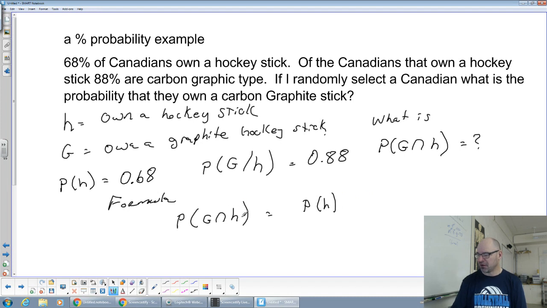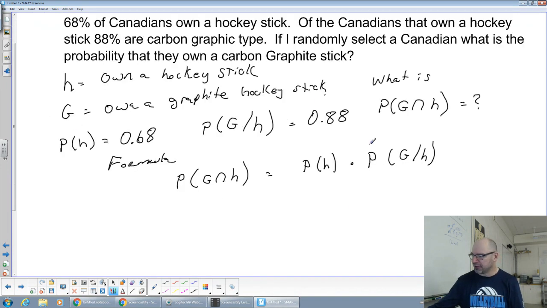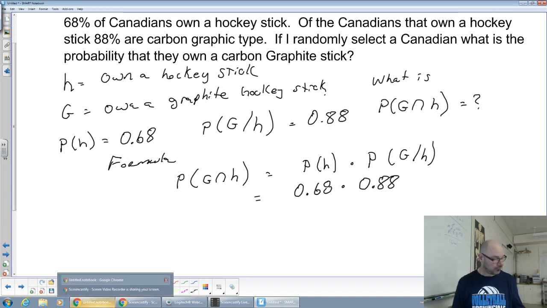Remember, the bottom one goes first, times the probability that you have a graphite stick, given that you have a hockey stick. Okay, so you have both those numbers here given in decimal. So the probability that you have a graphite hockey stick is the probability of having a hockey stick times the probability of hockey stick owners that have graphite. So you just multiply the two numbers together, basically.